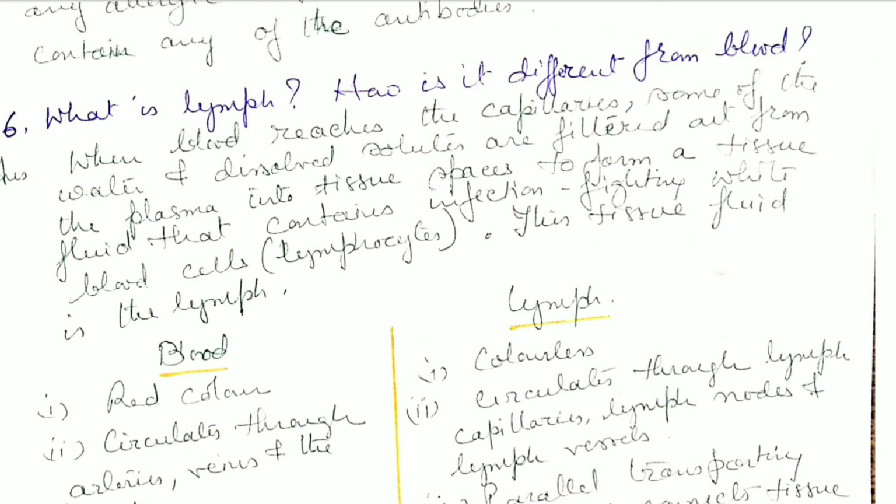Lymphocytes. What are lymphocytes? These are infection fighting white blood cells. Okay, so the fluid which has come out into the tissue spaces, containing these infection fighting white blood cells or lymphocytes, this tissue fluid is known as lymph.